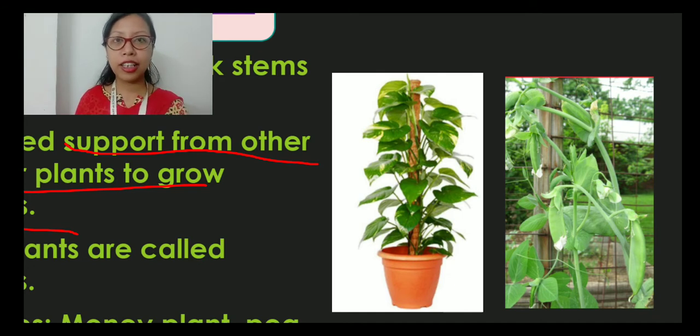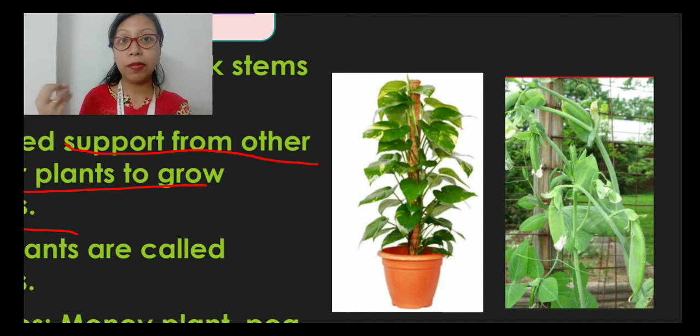Now this plant cannot grow upwards. So we have put a stick there. We have put a support. And as soon as we put the support, you can see the plant can grow upwards very easily. In the same way, in the second picture, we have the pea plant. We used to eat peas, no? The matar. Yes. So the pea plant also needs support to grow upward. They cannot grow on their own because they have very weak stems.